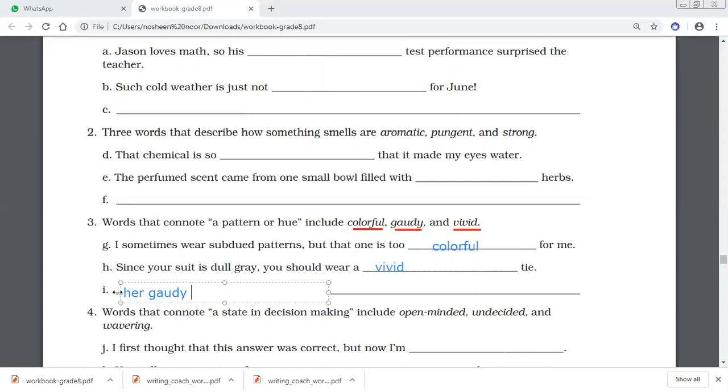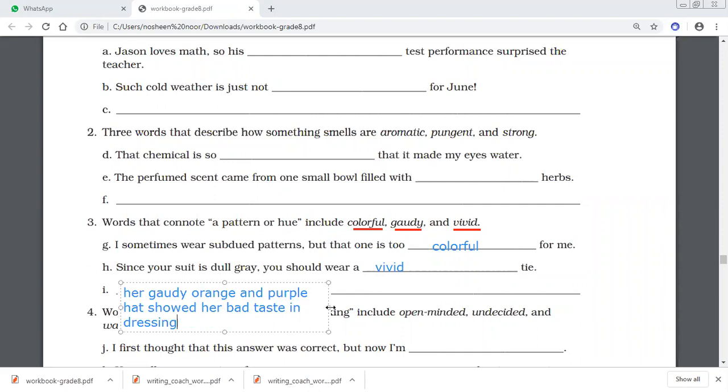So her gaudy orange and purple hat showed her bad taste in dressing.